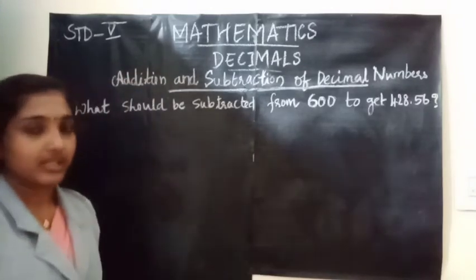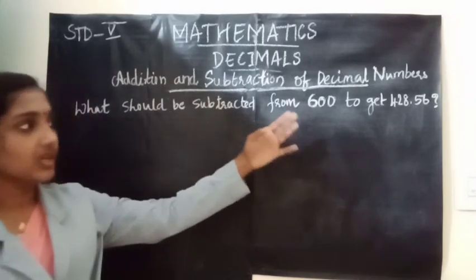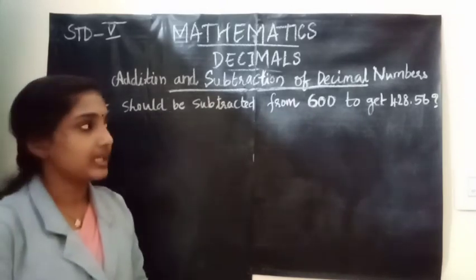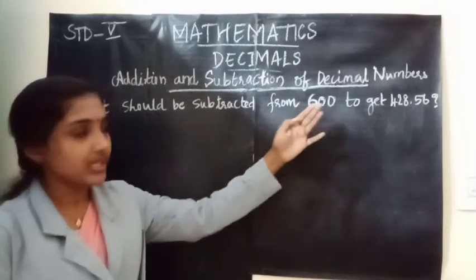Moving to our next question. What should be subtracted from 600 to get 428.56?